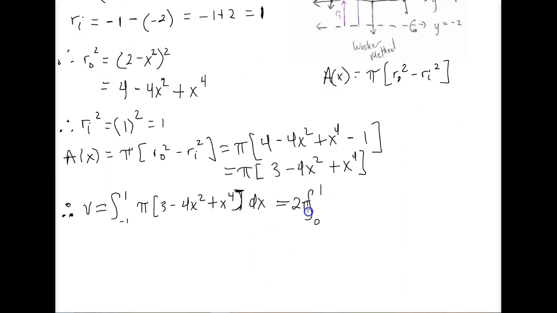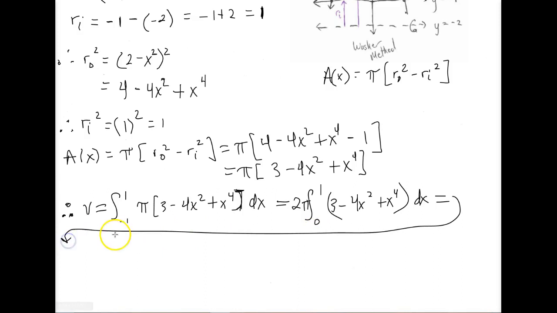And we'll go ahead and put the pi out there too. And that will just be 3 minus 4x squared plus x to the 4th dx. Make that look a little better.